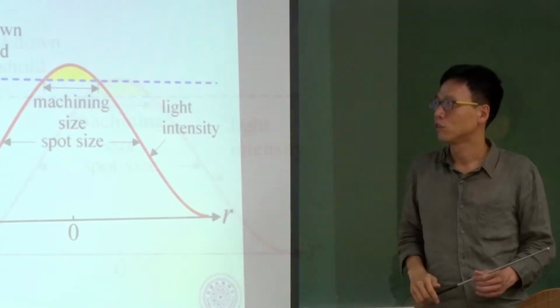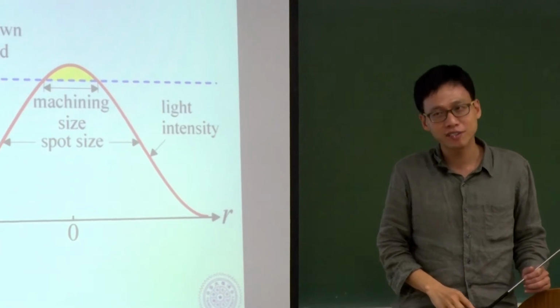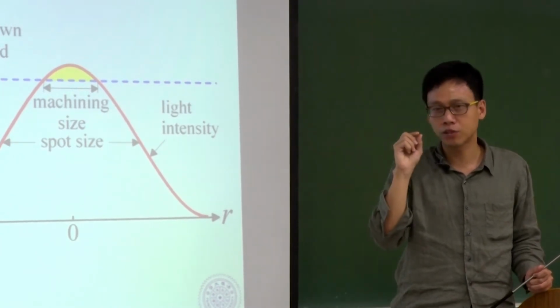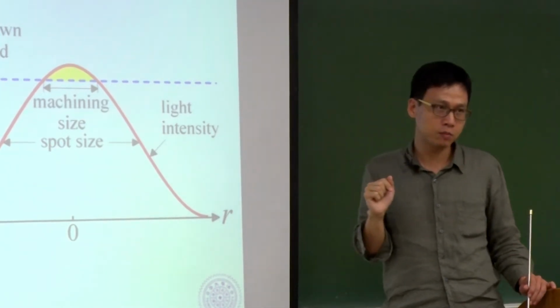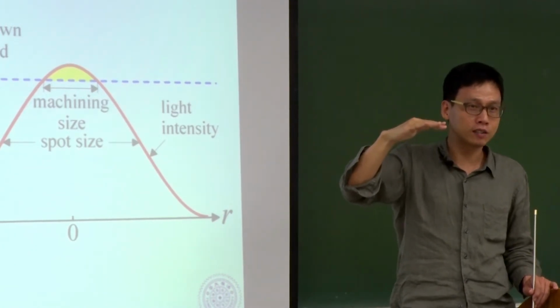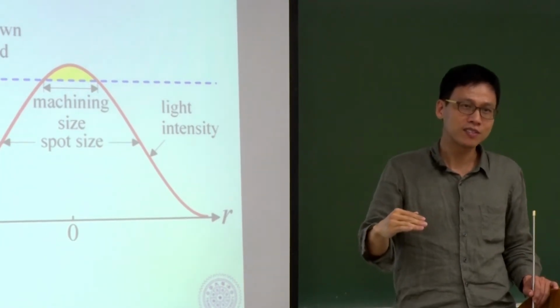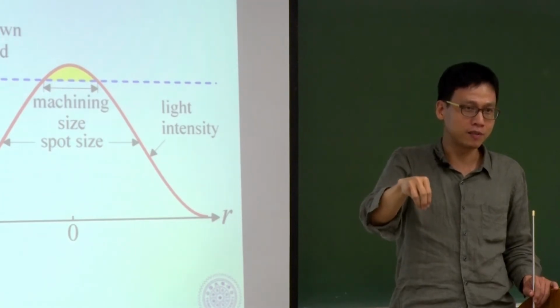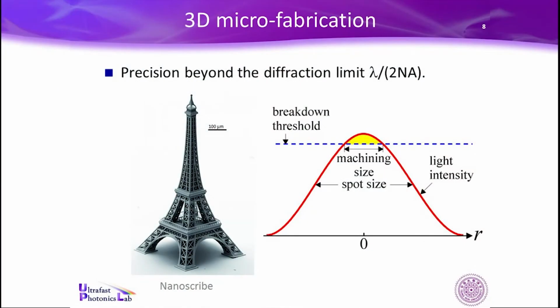Okay? So now it becomes a very popular machining technology because you can do very small, very precise work. Plus, it can be three-dimensional. That means you do not have to create the structure from the surface. You can directly create structure from the middle, beneath the surface. As long as you can focus your laser spot within the volume, you can do that. Okay, that's why it's three-dimensional micro or even nano fabrication.